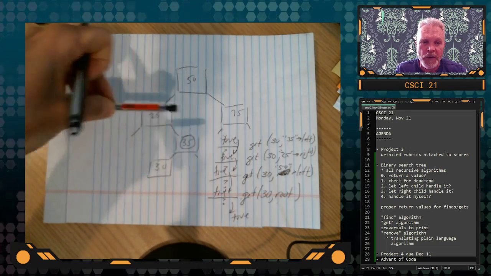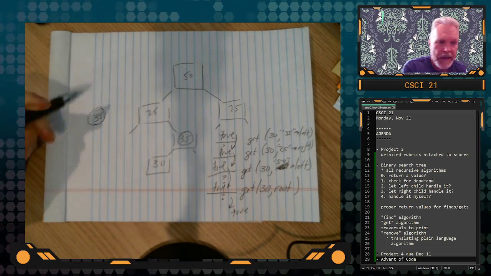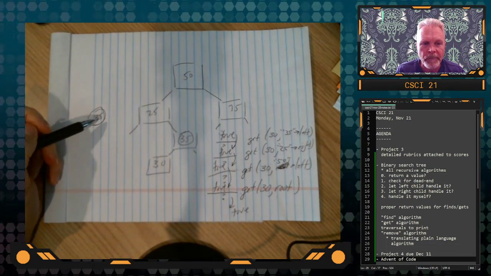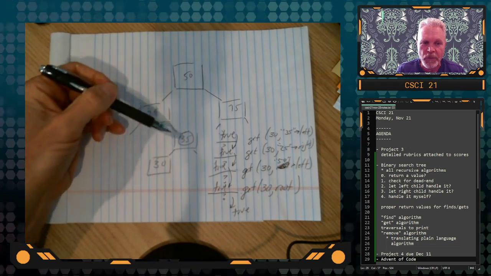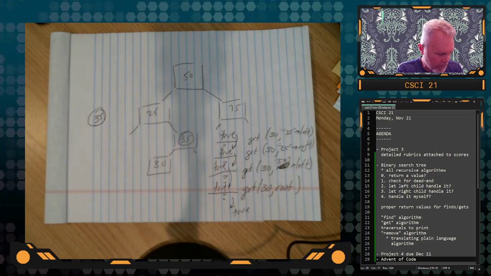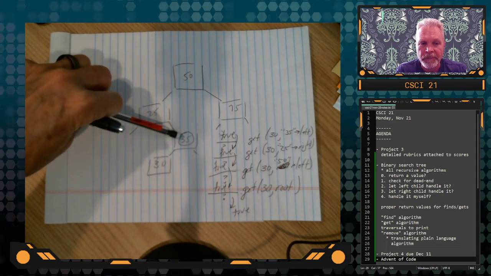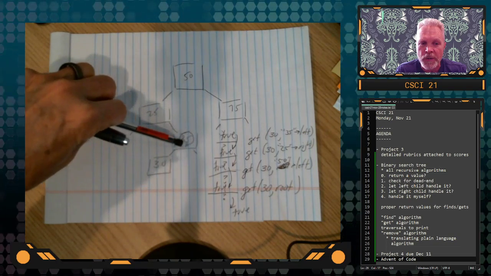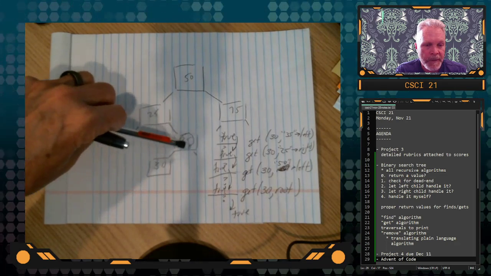That is the actual data being stored in the actual node in the actual tree. If I just return the data, then they're just going to get a value 35 back, which is fine for some cases. But for our fourth project, what we actually want to be able to do, since we can now do it, if we have a pointer into this data, we can actually use the pointer to manipulate this data while it remains inside the tree.